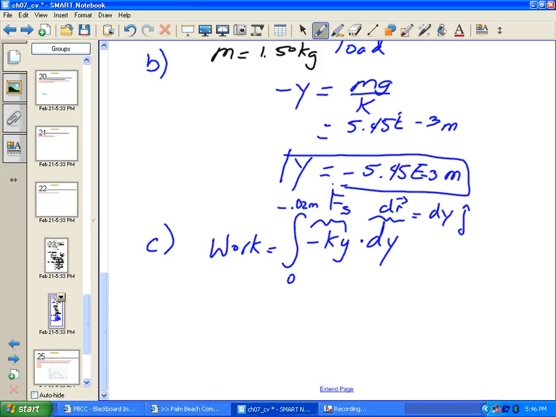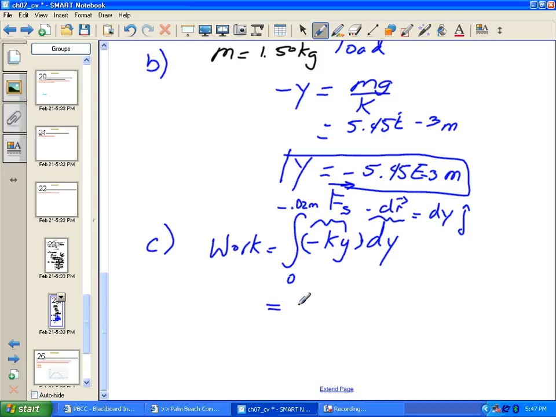We have to keep in mind that our dr only has a component which is dy j hat. F sub s only has a j hat component, so when we take the dot product, we end up with minus ky dy. This would just be multiplication, by the way, because we've already taken the dot product. They're both in the same direction.